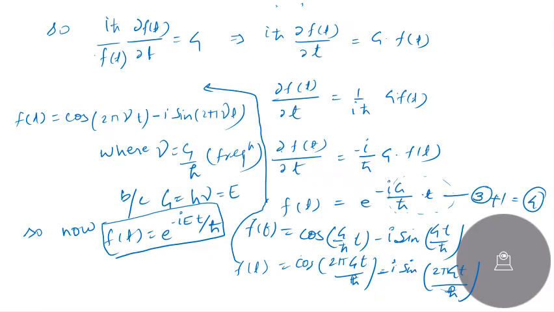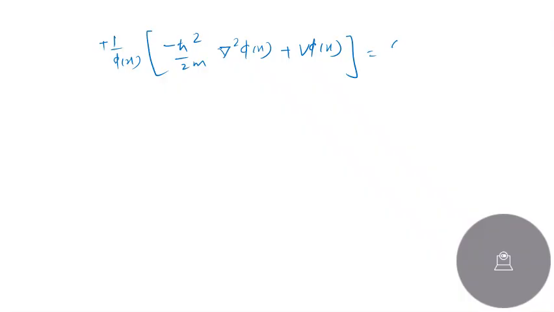And the other part we can consider, what we have considered, h cut square upon 2m del square phi(x) plus V(x) phi(x) is equal to g phi(x). We can write it as equation number 5.